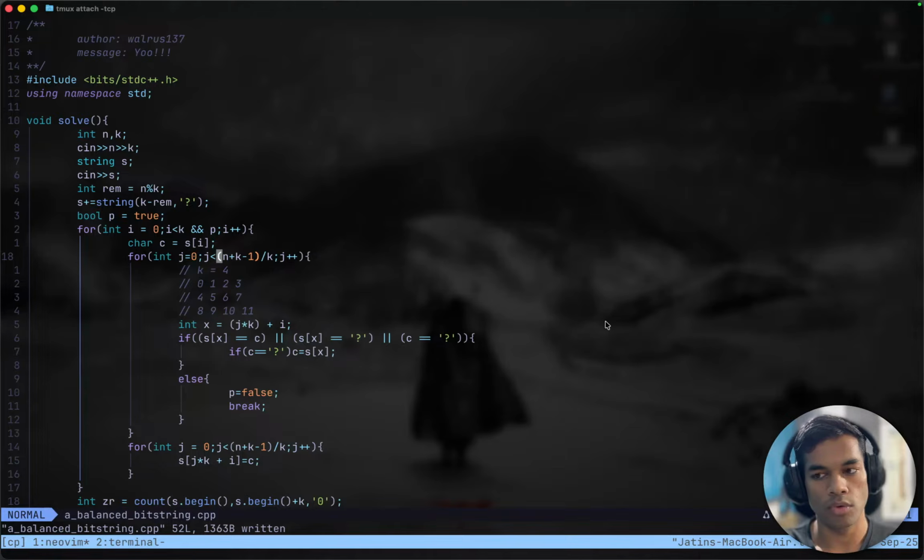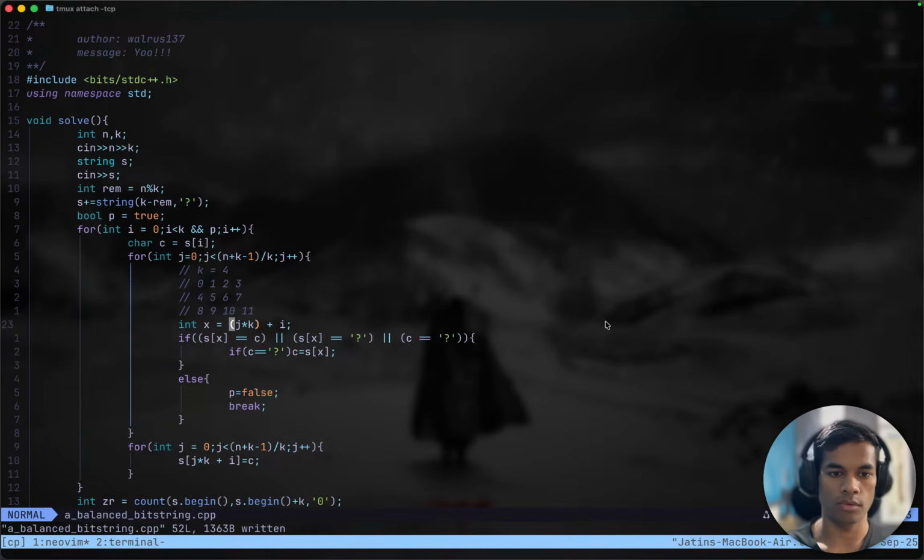So j should go to 1 at maximum. J will go from 0 to 1, and when j is 0 and k is 2, this thing will return 0 and this thing will return 0. And we already have c equal to some number.